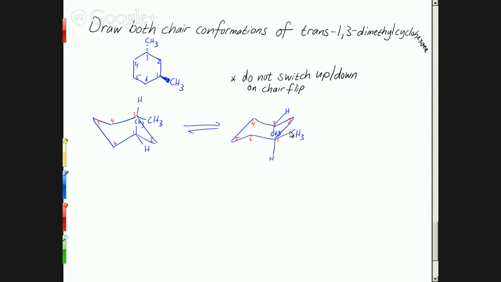It says draw both chair forms of each and indicate which one is more stable in each case. So 3.38, it's on page 101.